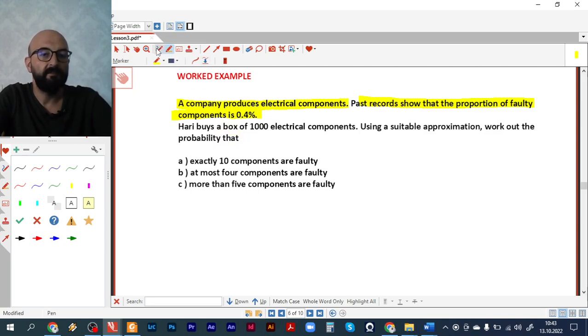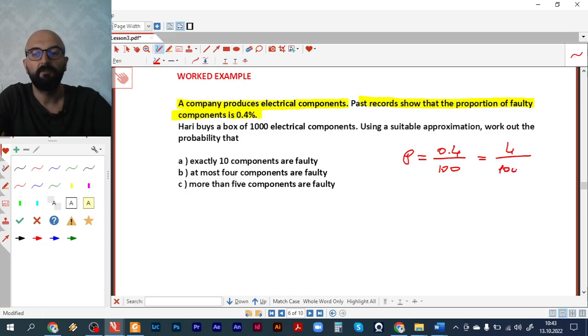Means the probability of faulty components is 0.004, so it means 4 over 1000, and the probability of success means 0.004.